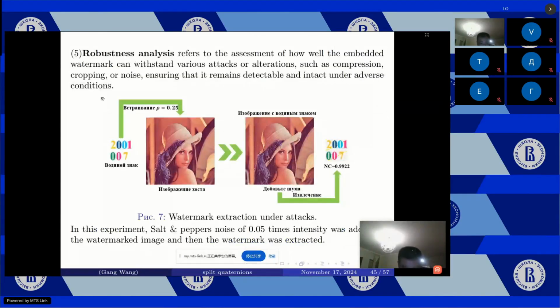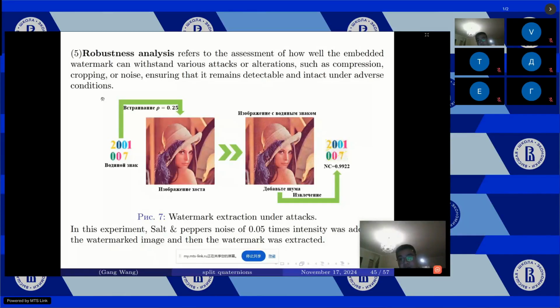Next, robustness analysis refers to the assessment of how well the embedded watermark can withstand various attacks or alterations, such as compression, cropping, or noise, ensuring that it remains detectable and intact under adverse conditions.